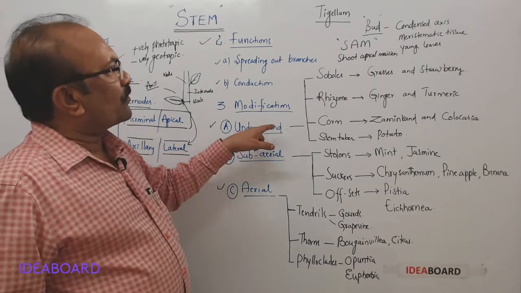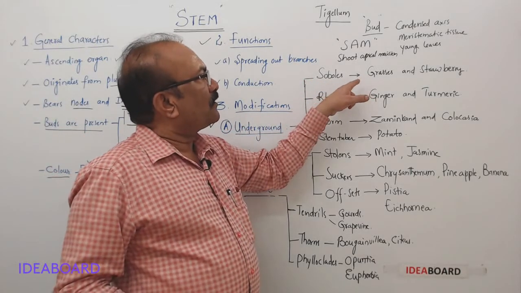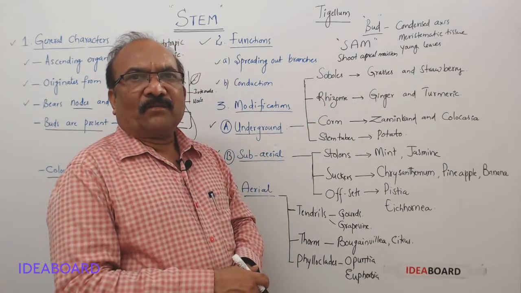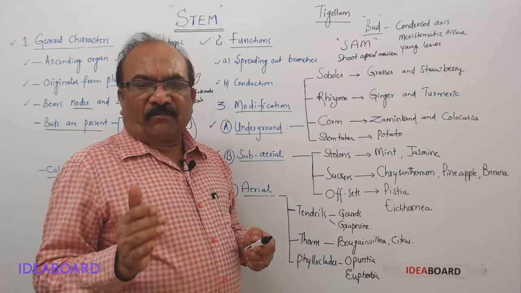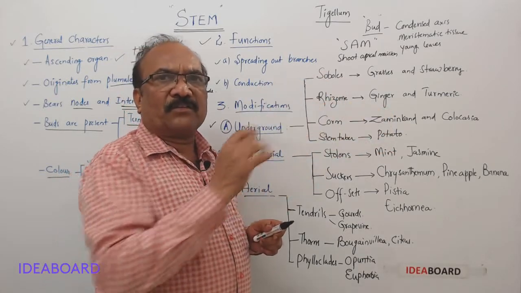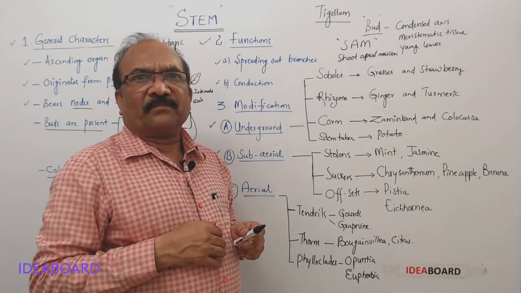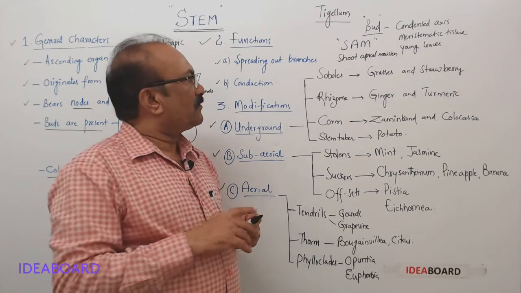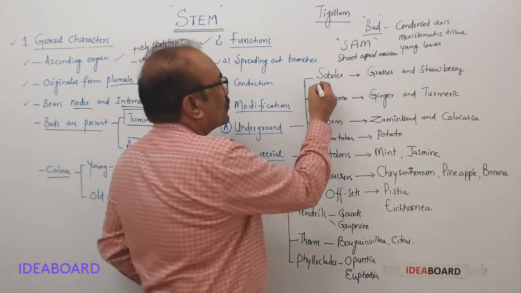Under underground stem modification, you will find examples like grasses and strawberry, which will move from one place to another place, or one niche to another niche, and help in propagation. That is called runners.